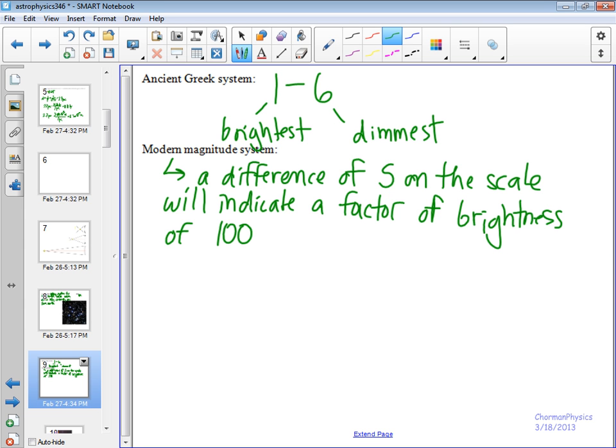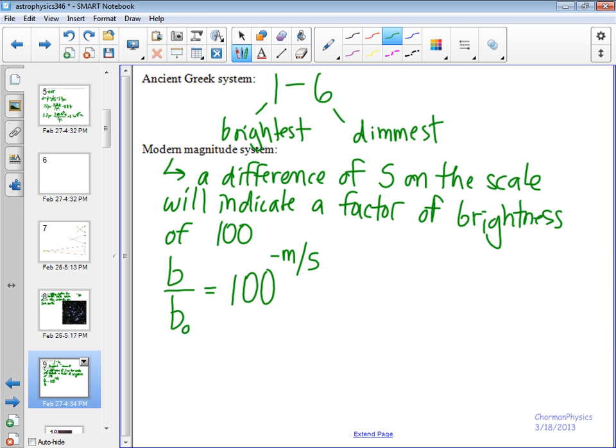Let's look at the equation we can put in here. The ratio of brightnesses, this is our factor, is equal to 100 to the negative m over 5, m being the apparent magnitude.